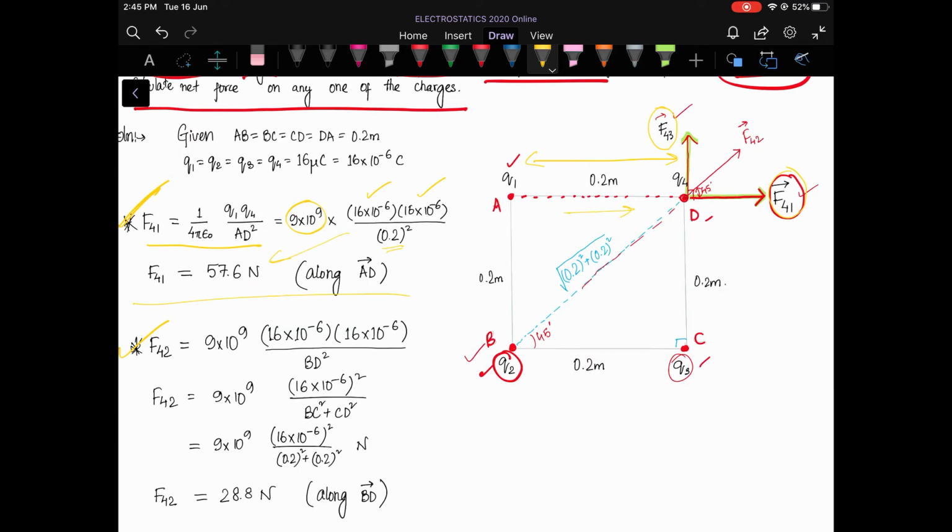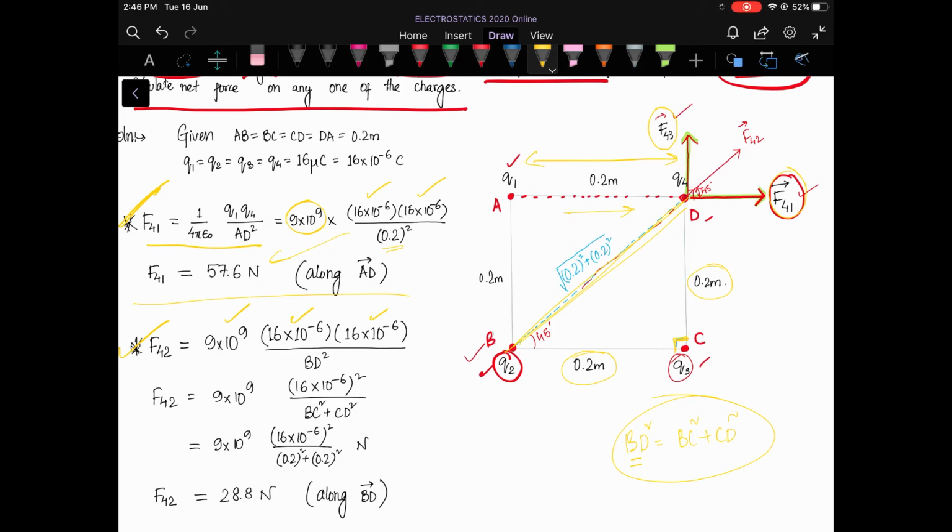For your F42, we have written the charge, we have written 9 into 10 to the power 9, and the distance between your second charge and fourth charge is your BD. Now if you look at this diagram, this distance is 0.2 meters, this distance is 0.2 meters. We know this is a square, so this is your right angle. This must be the hypotenuse, and we can write that the hypotenuse, BD square, must be equal to base square plus perpendicular square.